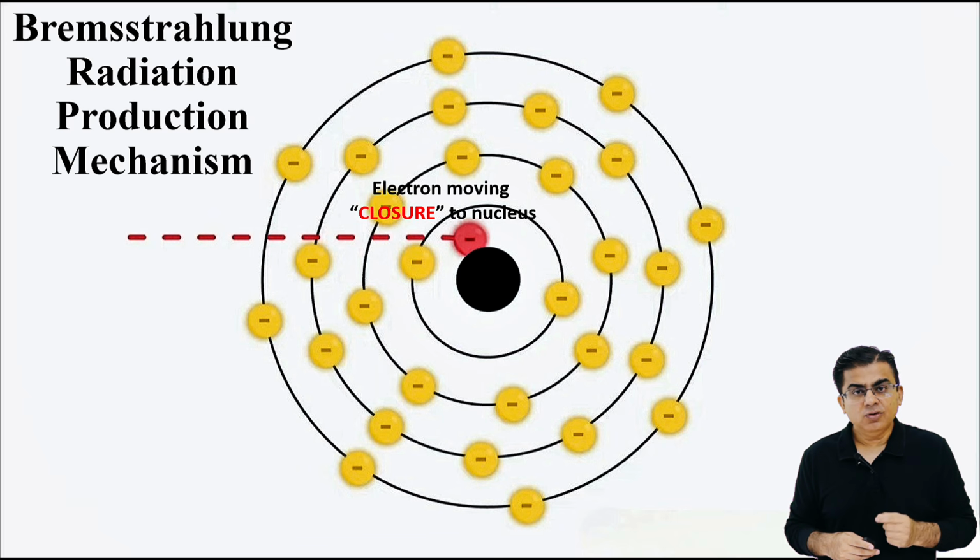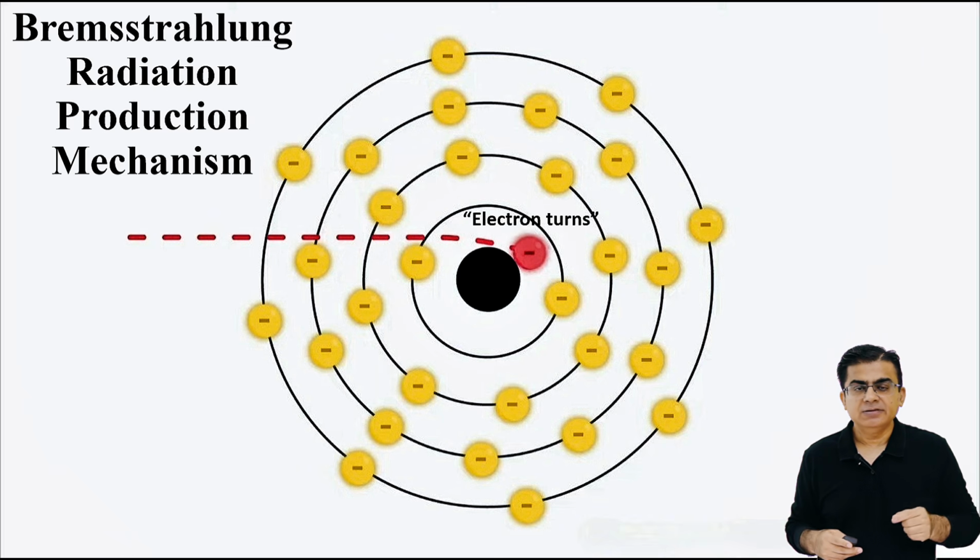This invisible force of attraction is incredibly powerful at such a close distance. Because of this extremely strong pull, the high-speed electron cannot travel in a straight line anymore. It is forced to sharply bend its path.